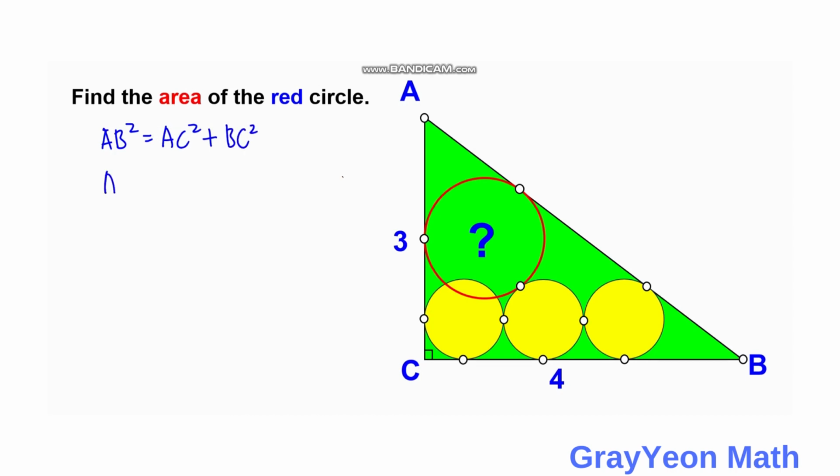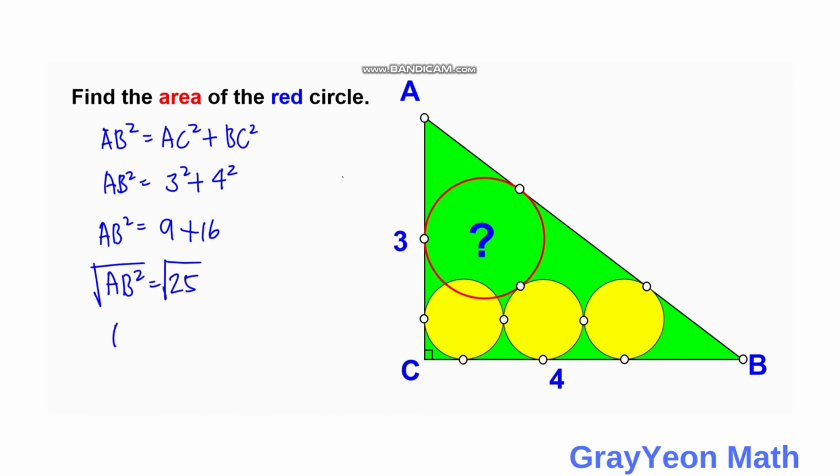So AB squared is equal to 3 squared plus 4 squared. This becomes 9 plus 16, so AB squared is equal to 25. If we get the square root, we have AB is equal to 5 units.